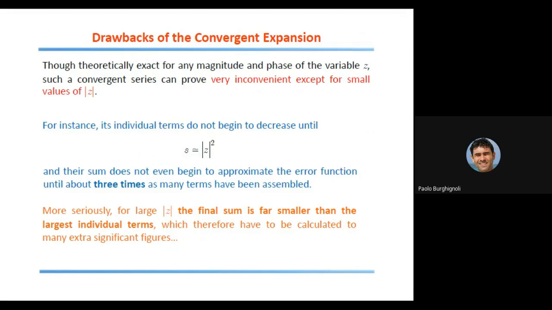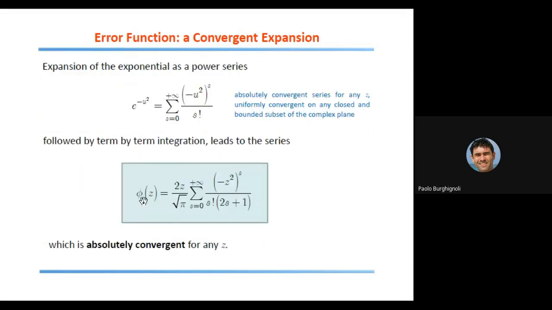But what's even worse is that the error function is a very rapidly decreasing function of its argument. So for large absolute values of z, its value is a very small number. However, the series representation of the error function is given in terms of this infinite summation whose first addends are not small numbers.